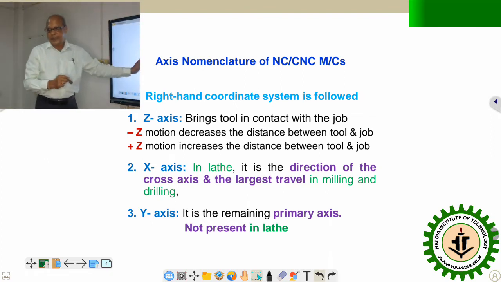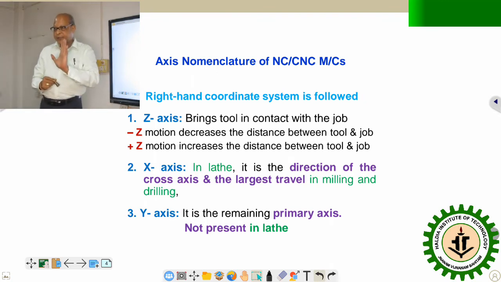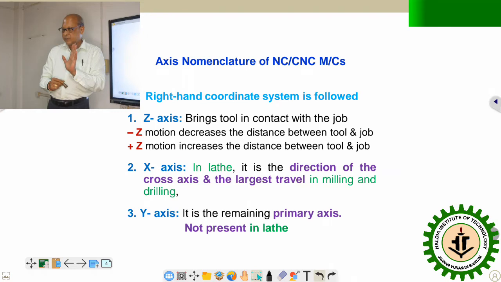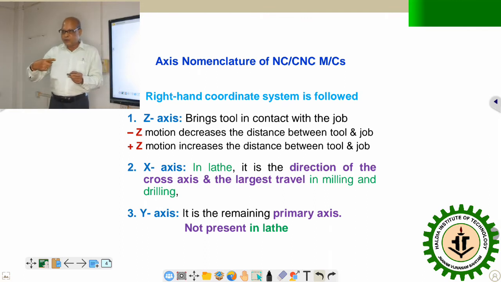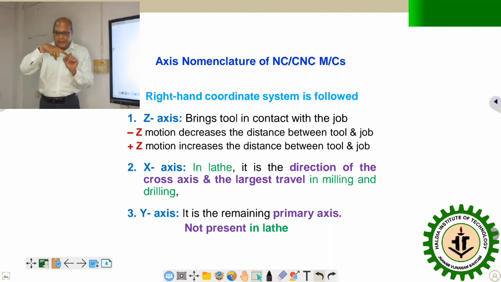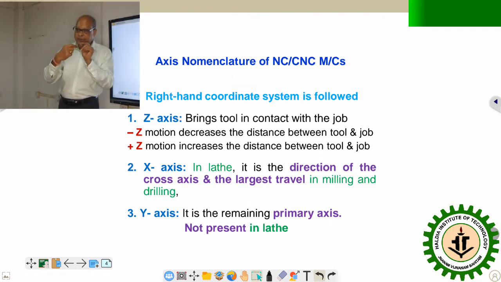Importantly, in case of a CNC lathe or turning center, mind that there is no y-axis. Okay. Why is it so? Again, just imagine a conventional lathe also. The tool can have only two movements. One is longitudinal and the other is crosswise. So in any direction, if we apply some amount of depth of cut and since the job is revolving, eventually it will generate a circular surface.